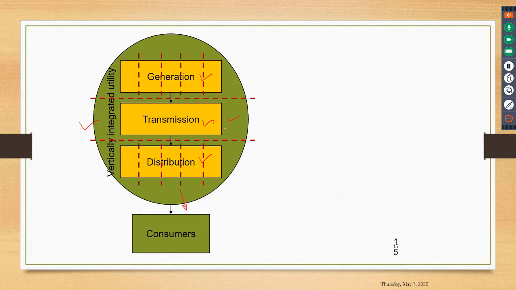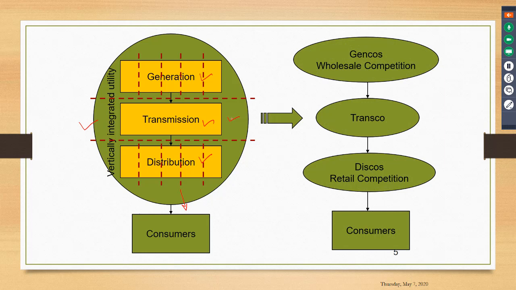So we cannot make transmission competitive, and many participants cannot participate in the transmission sector. Finally we get these vertically disintegrated entities: GENCOs having wholesale competition, TRANSCO which remains a natural monopoly, and DISCOs having retail competition, and finally they provide electricity to consumers.